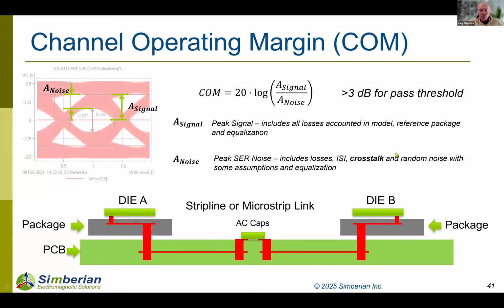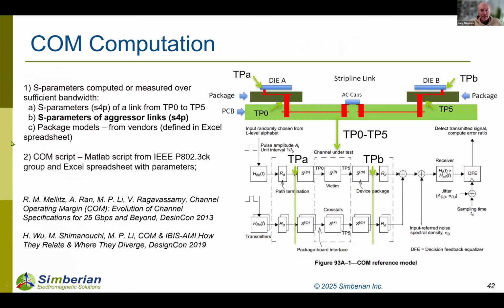But the noise includes the probability distribution of the crosstalk if you include the S parameters of the aggressor links. So computation of COM requires S parameters of the original link, and then S parameters of all the aggressors. And you can see more in the papers referenced here.